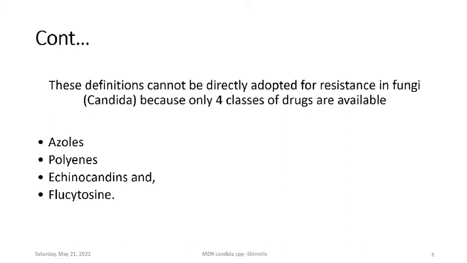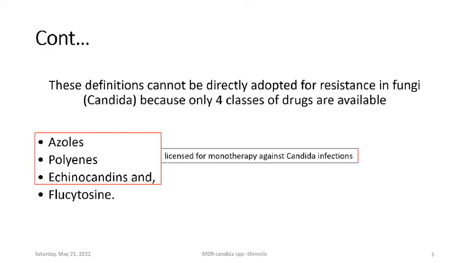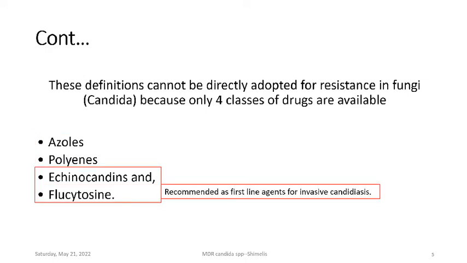So MDR in fungi means an isolate non-susceptible to more than one agent in more than 2 drug classes. And XDR in fungi is an isolate non-susceptible to more than one agent in more than 3 drug classes. This is the definition that we have.